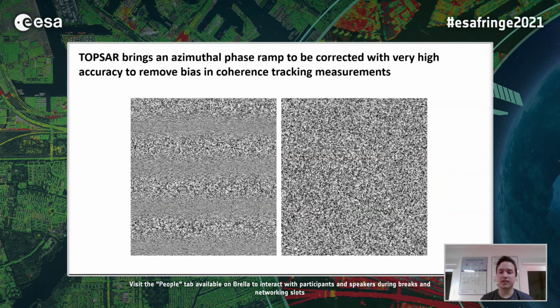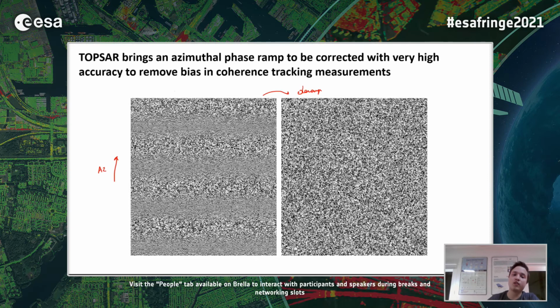One last element is that if you are using TOPS acquisition mode, you have to pay attention that Sentinel-1 is acquired by a specific acquisition mode that induces an azimuthal phase bias. And this is clearly visible in the image. And one first element that you need to do using coherence tracking is to first deramp the images.